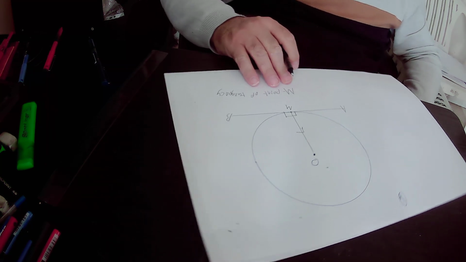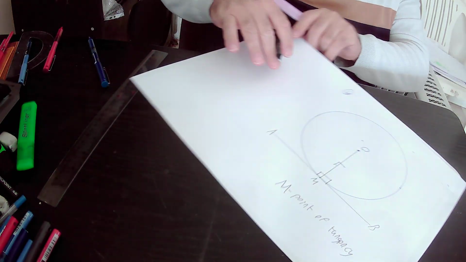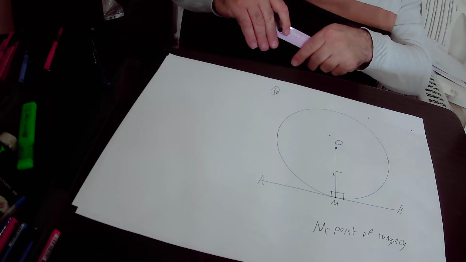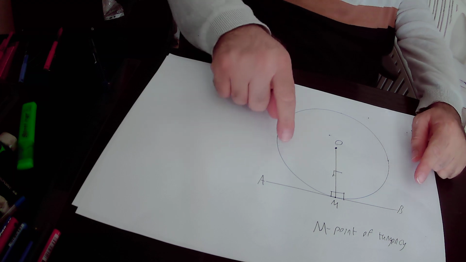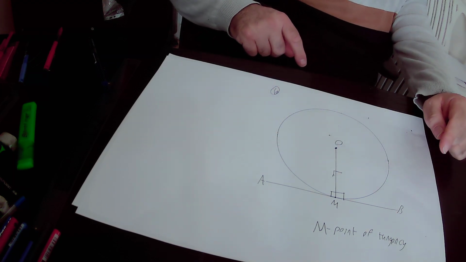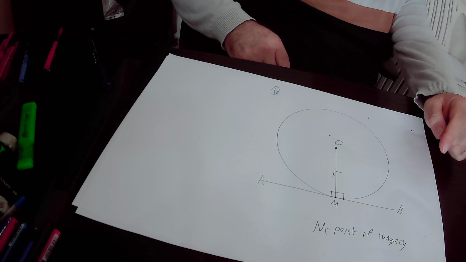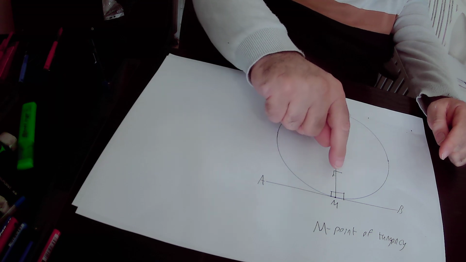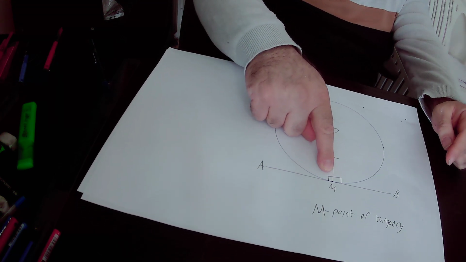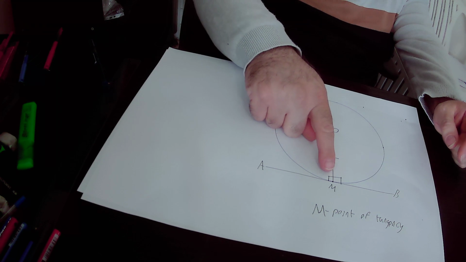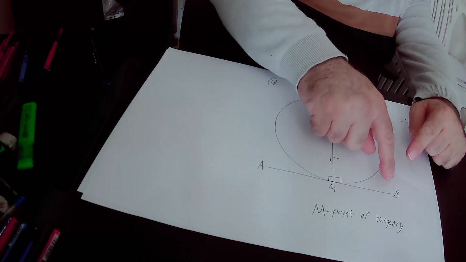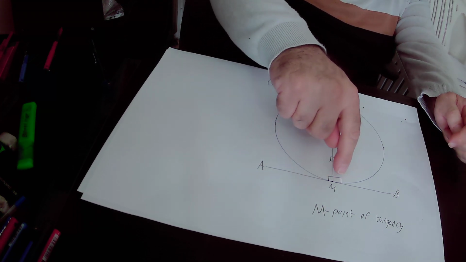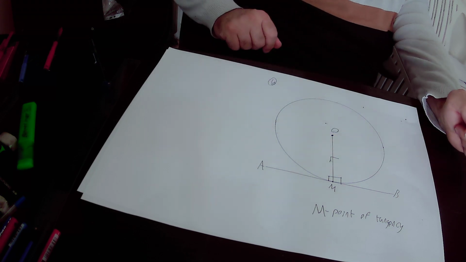So I will repeat again: according to rule number 2, the tangent AB is perpendicular to the radius OM drawn to point M, the point of tangency, so this angle equals 90 degrees and this angle also equals 90 degrees.